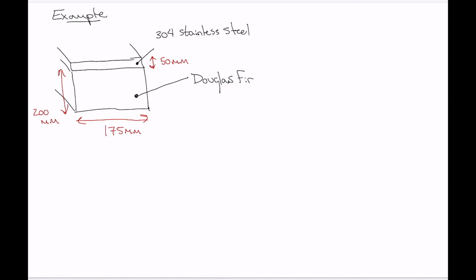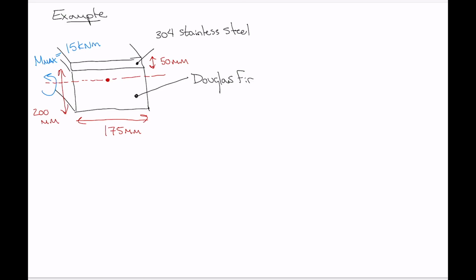And we're going to say that this beam is experiencing, so here's the centroid, a maximum internal moment, which we found out probably from a moment diagram, of 15 kilonewton meters.